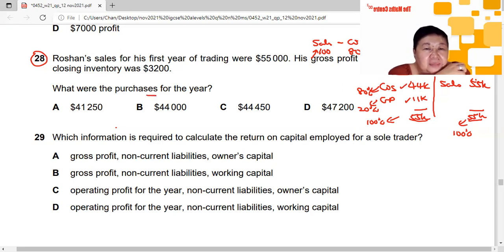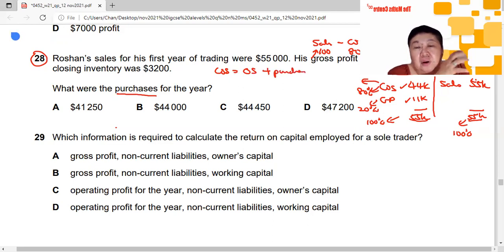Therefore, because I need to find purchases, which is inside your cost of sales: cost of sales is defined as opening stock plus purchases, less closing stock. If you have purchases return, you have to net that off your purchases, which we don't have. So, very simplistic, the cost of sales is 44,000. Again, I like to do it in simple equation form.